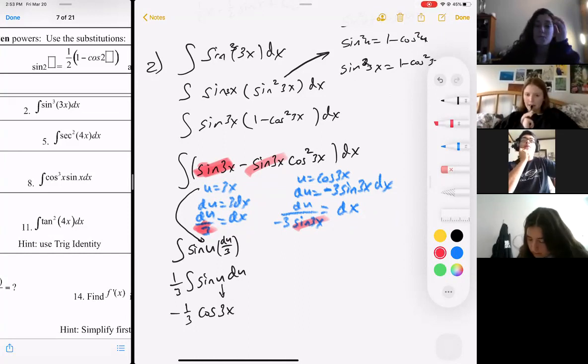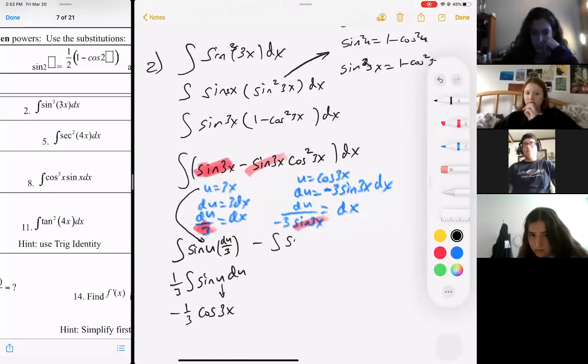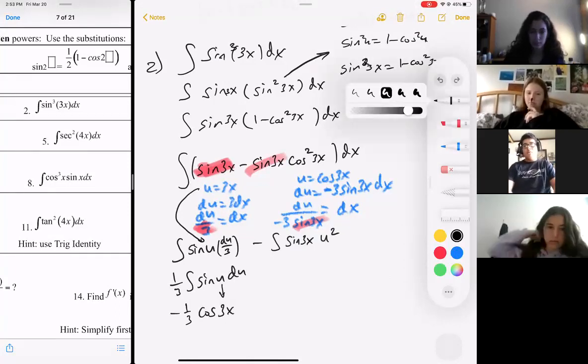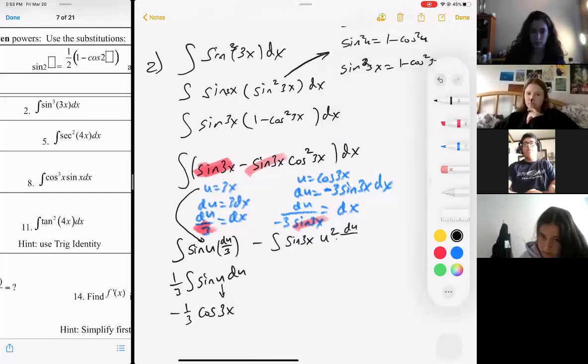So let's write that out. So this is minus the integral of sine 3x. We substituted cosine for u squared. And then we're going to swap out dx for du over negative 3 sine 3x.